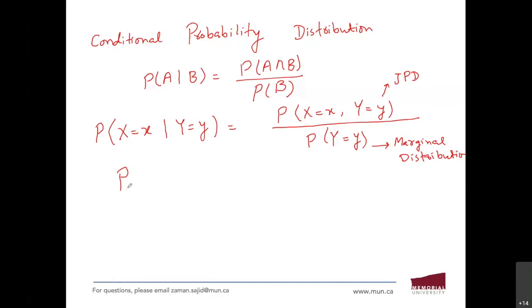So P of X, it is the conditional, given that now this Y should come in the lowercase, and X given that Y is equal to, this joint probability distribution can also be denoted as P of X of Y of X and Y divided by your marginal distribution of Y, which is the P of Y.